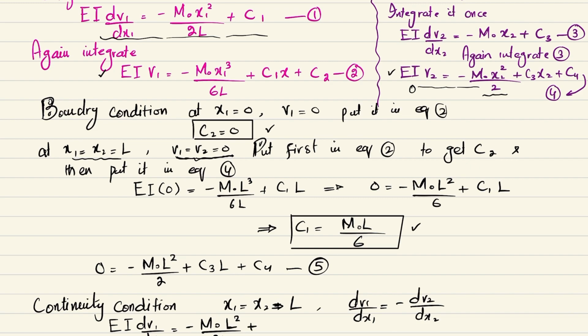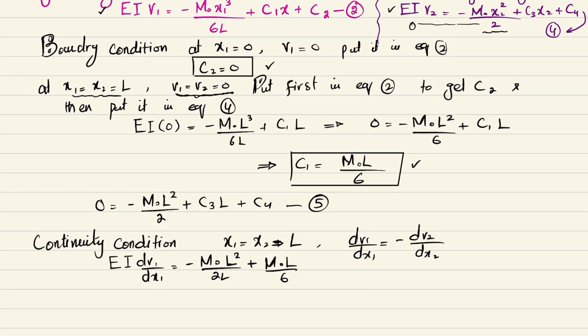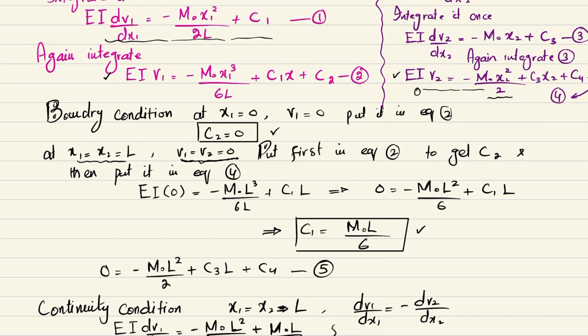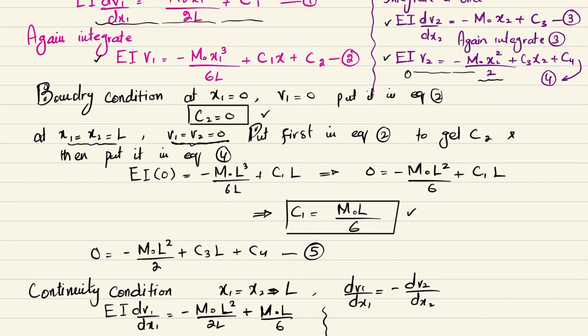C1 is m naught L over 6. And when you put x2 is equal to L in this equation, you will get EI into dv2 over dx2 is equal to minus m naught L plus C3.